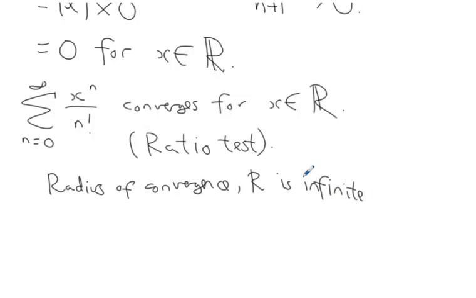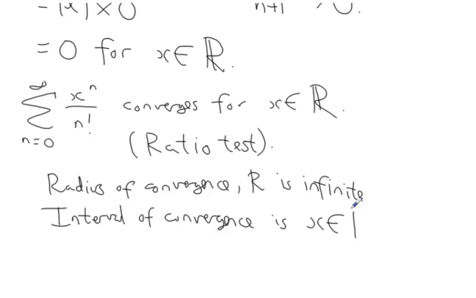And the interval of convergence is all real numbers. Remember, the interval of convergence is the set of values of x for which the series converges. It is all real numbers.